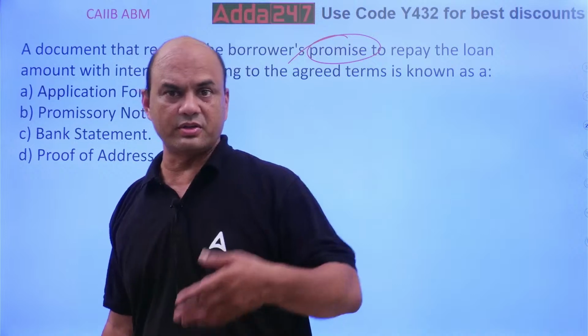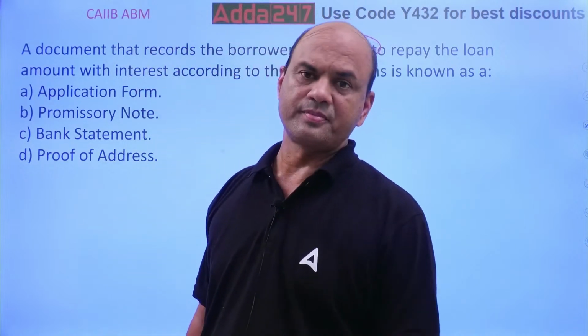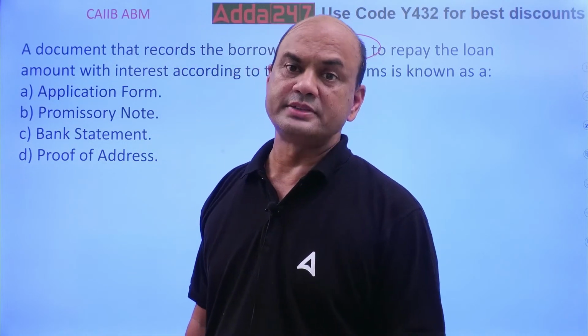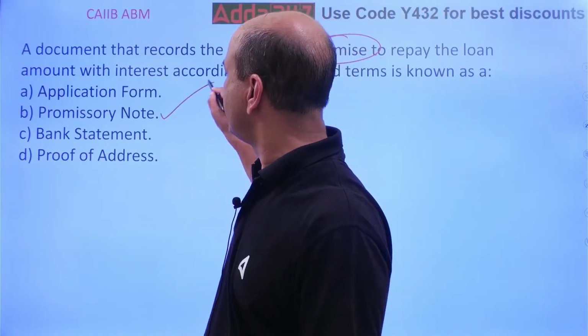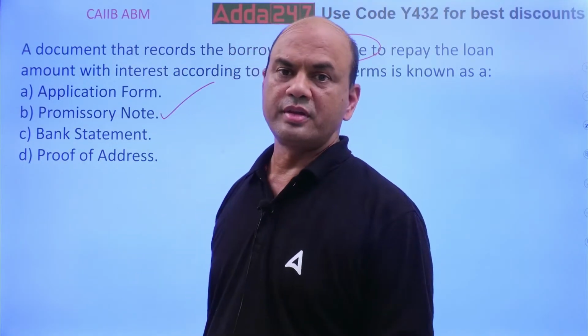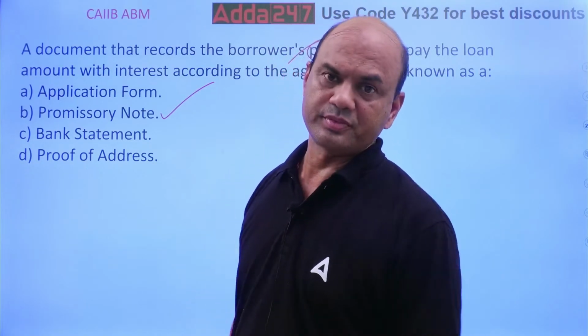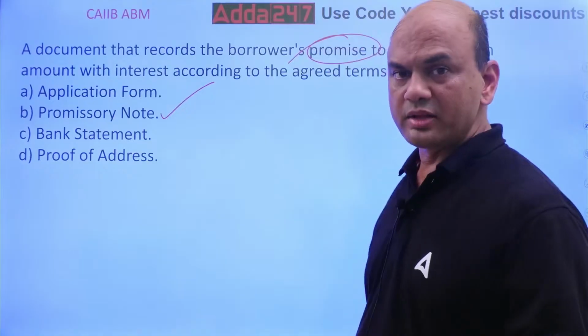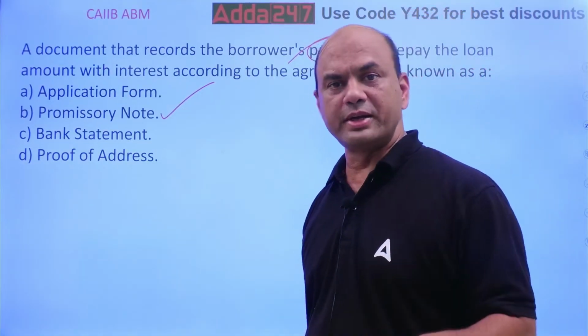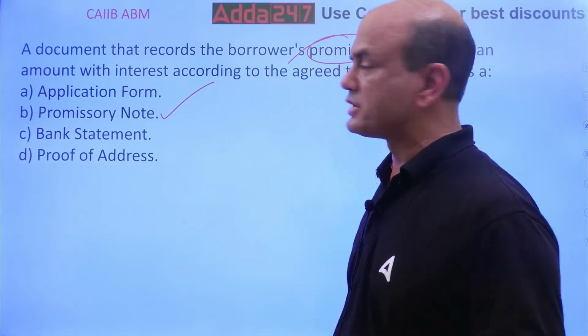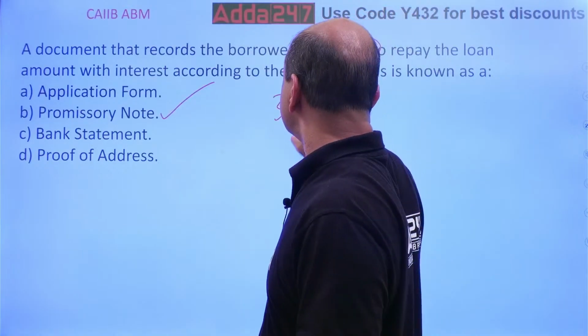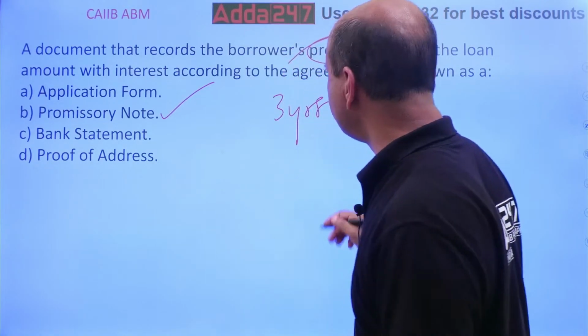Check your documents. It is in the DPN, promissory note. Here the borrower writes, I promise to pay so and so. Kindly note, the law of limitation says that the period of DPN should be 3 years, not more than that.